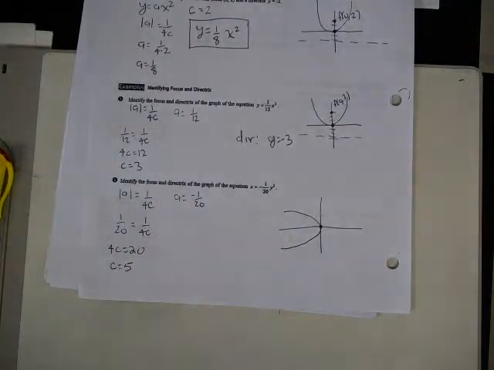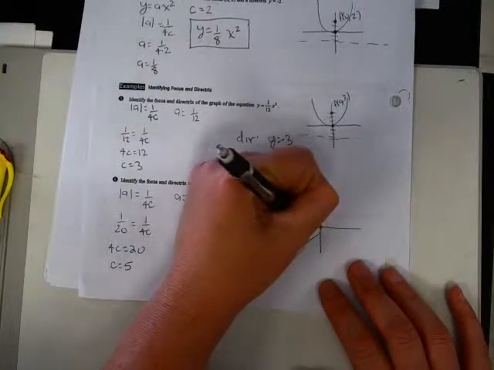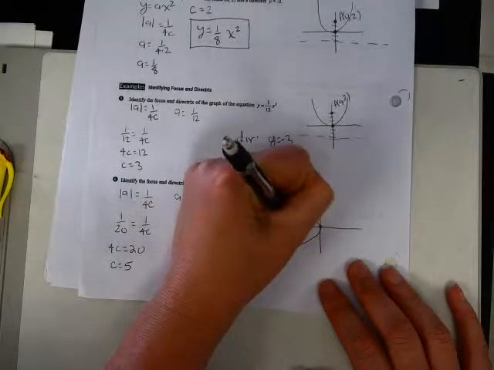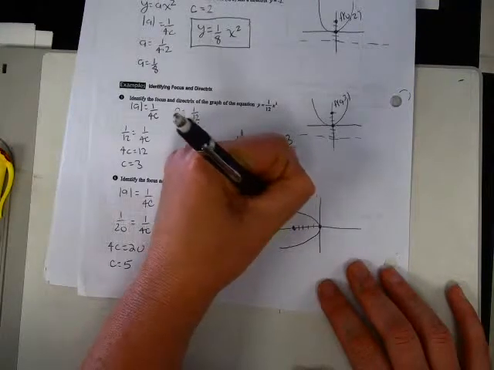My focus and my directrix are each 5 units away from my vertex. 1, 2, 3, 4, 5. Here is my focus at (-5, 0).